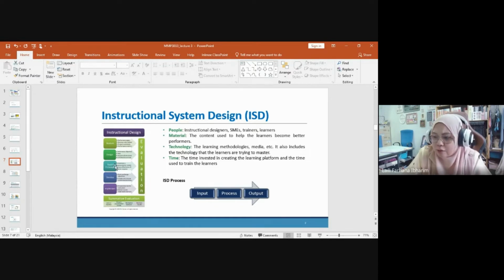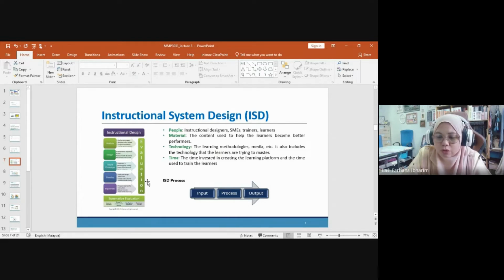Okay, and then we also can have a rapid prototype if we use the product in our instructional system. Okay, and then from all in this phase, we have to evaluate.